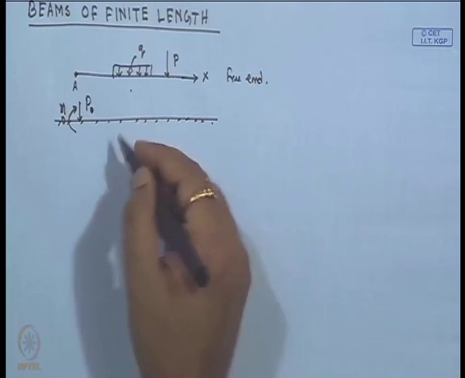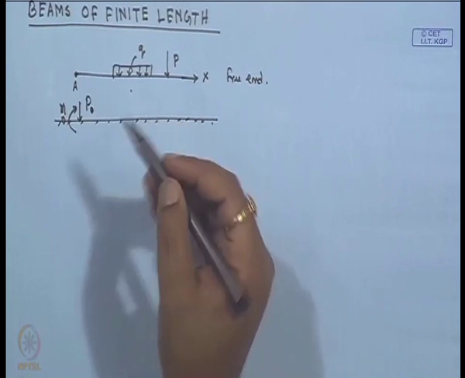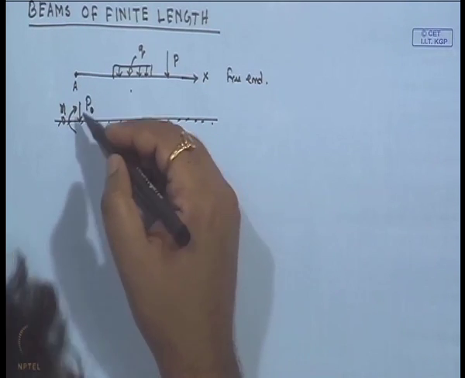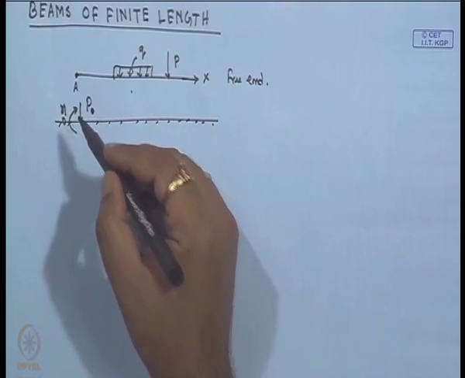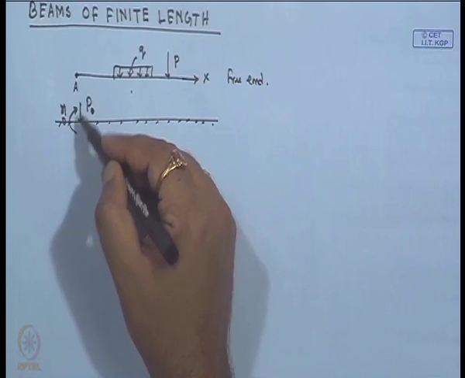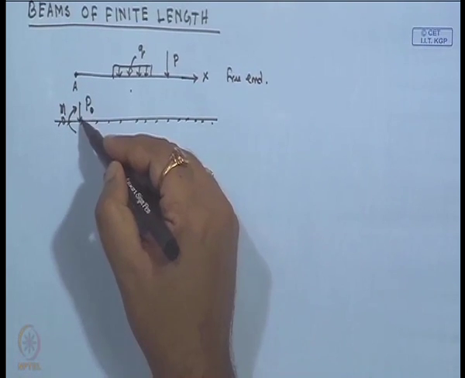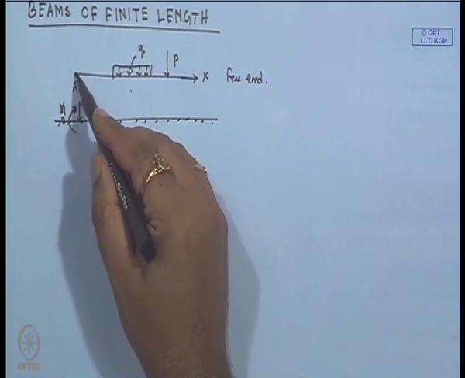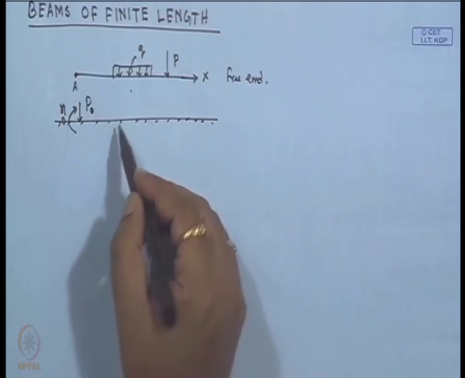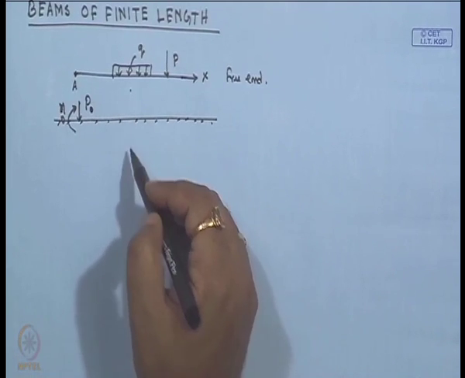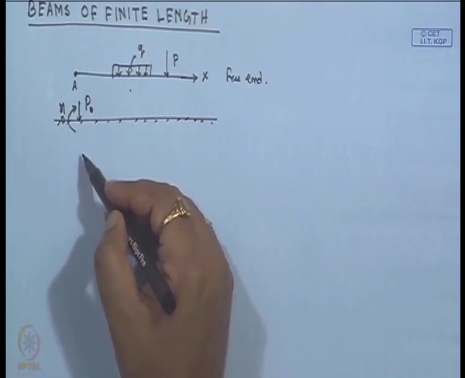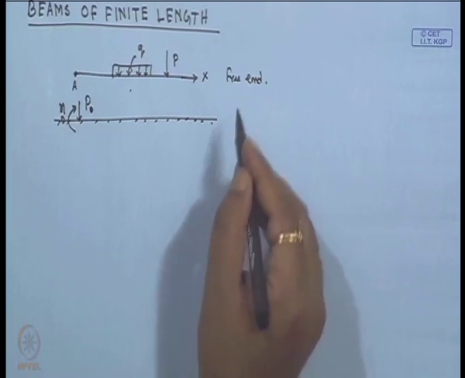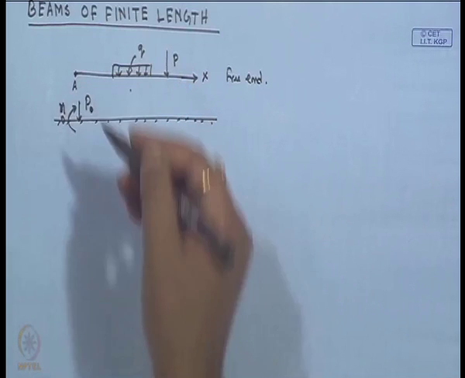I explained those things in the last class. From this expression we can calculate the amount of P0 and M0 we have to apply so that the net moment and net shear force at point A will be 0. Then we can convert this infinite beam to a semi-infinite beam with the net moment and shear force 0 at this point, because it is a free end beam. So that was for the semi-infinite beam.